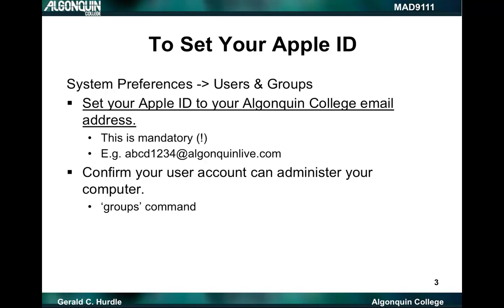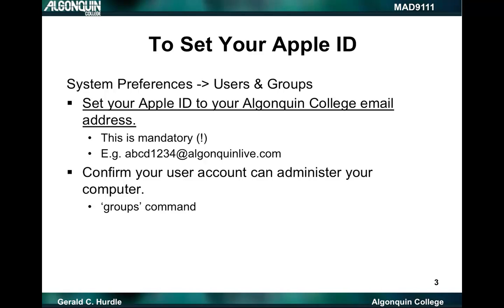To set your Apple ID, you'll go to System Preferences, Users and Groups. I'm going to insist that you set your Apple ID to be your Algonquin College email address. You might ask yourself, why am I making this mandatory? In the future, I'm going to have Apple developer accounts created, and those developer accounts must belong to the Algonquin College email.